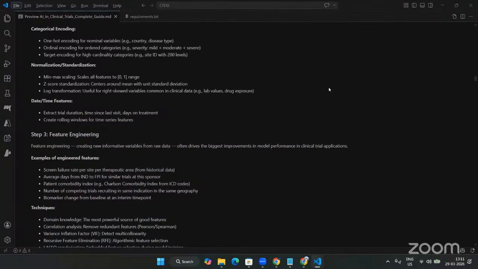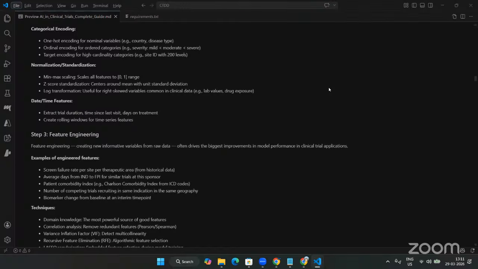We have min-max scaling, which scales all features to the 0 to 1 range. We have Z-score standardization, which centers around the mean with unit standard deviation. Then log transformation, useful for right-skewed variables common in clinical data, like lab values and drug exposure.